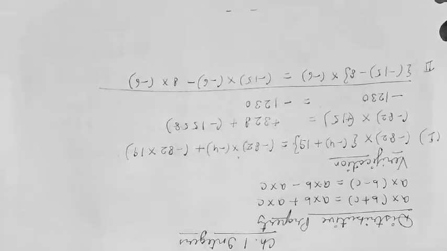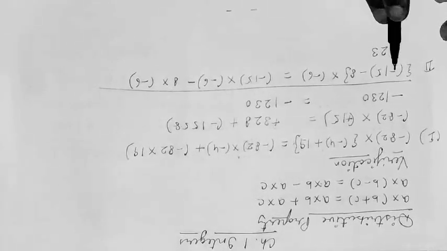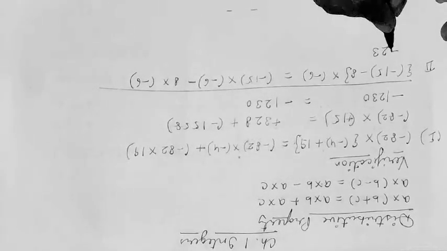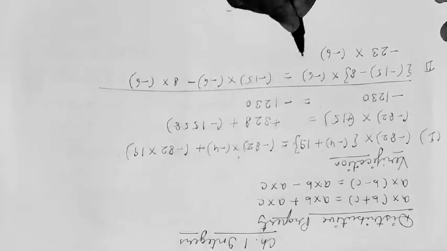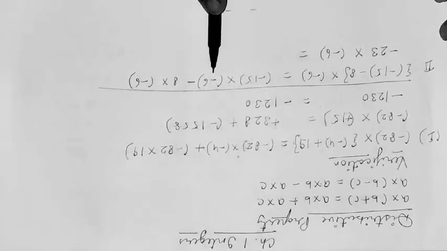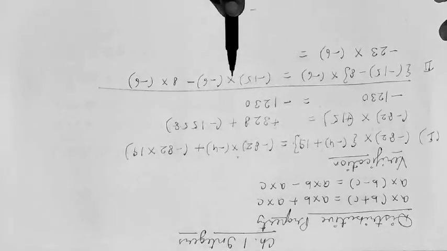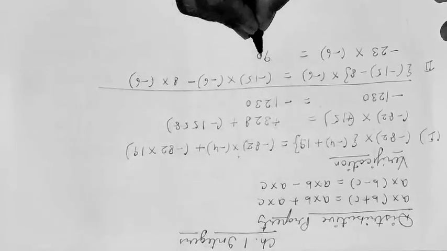Negative, negative. So we will add the numbers. Minus minus, so the sign will be minus only, into minus 6. Here both negative numbers, so if both numbers are having the same sign in multiplication, we have the sign of plus in the product, so plus 90.